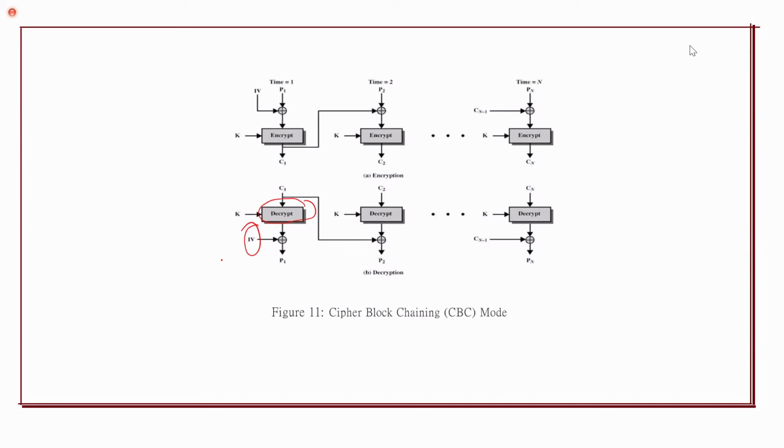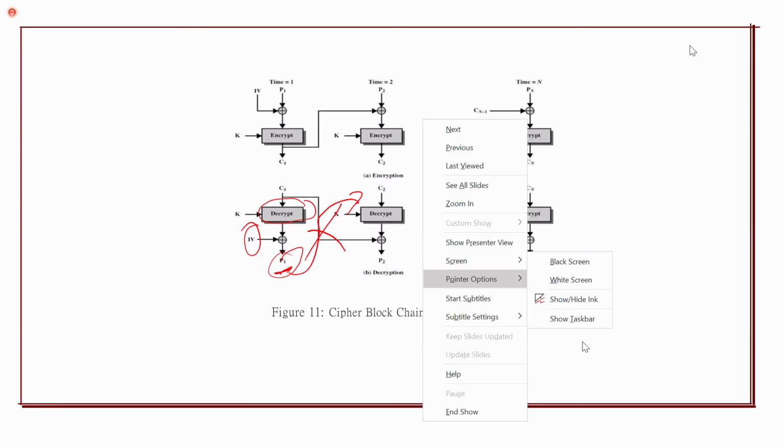The same initialization vector used for encryption is used for decryption as well for the XOR operation. The result will be the plaintext. But the plaintext will not be used for the second block. Instead, the ciphertext itself will be used.